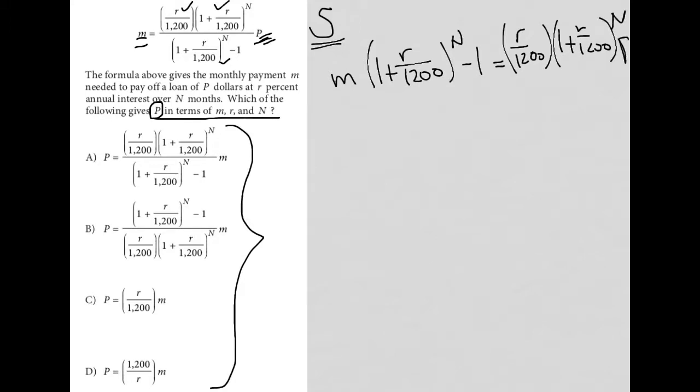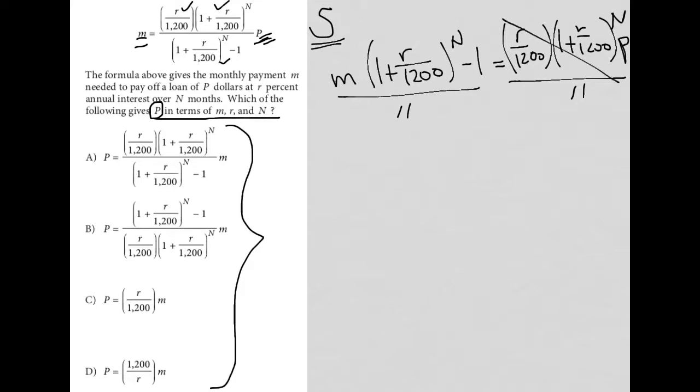And of course, that's all multiplied by P. Now I want to get rid of these factors in front of my P. If I divide both sides by those things, I'll just put little quotation marks to represent the R over 1200 and the 1 plus R over 1200 to the nth power.